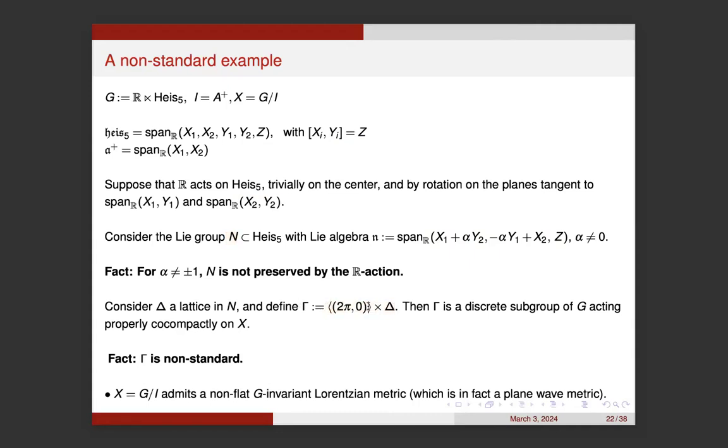The first component here, 2 pi, is the period of the rotation. 2 pi is an element in R. 0 is the component within Heis 5, the Heisenberg group of dimension 5. So gamma is the product of the group generated by this element with delta. Now gamma is a discrete subgroup of J. It acts properly co-compactly on X. And the claim here is that gamma is non-standard.